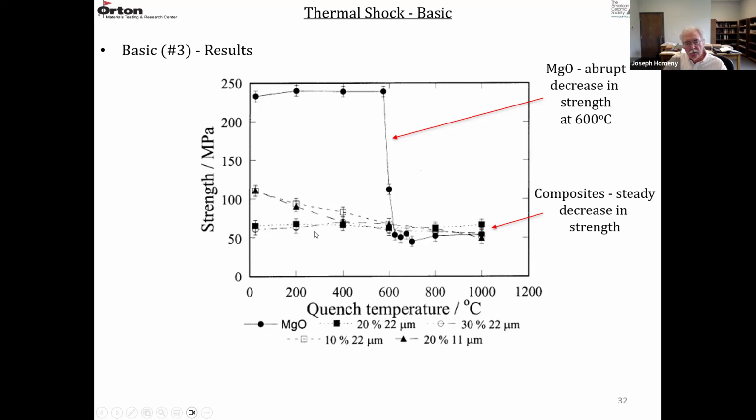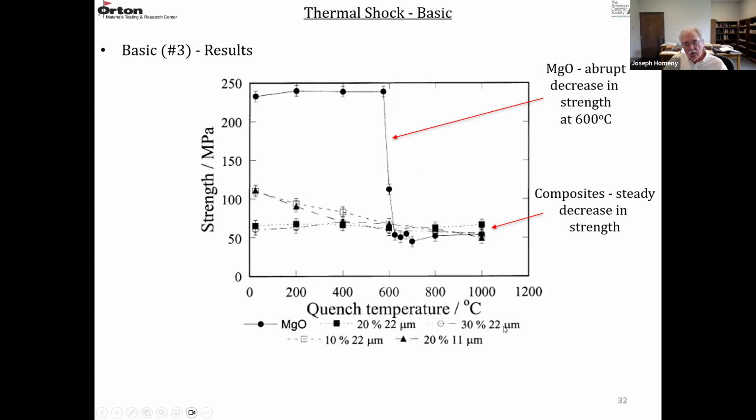The composites are down here. The solid squares are 20%, 22 microns. The open circles are 30% loading, 22 microns. The open squares are 10% loading, 22 microns. And the triangles are 20% loading, 11 microns.